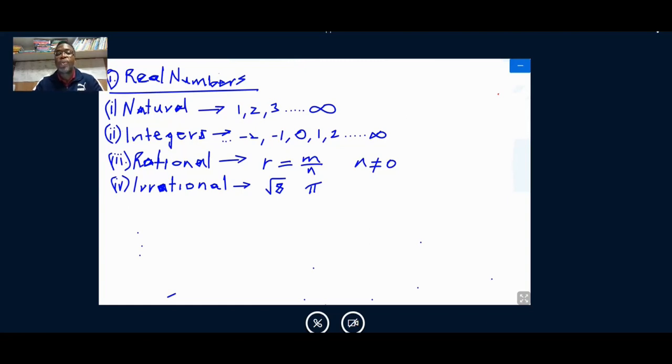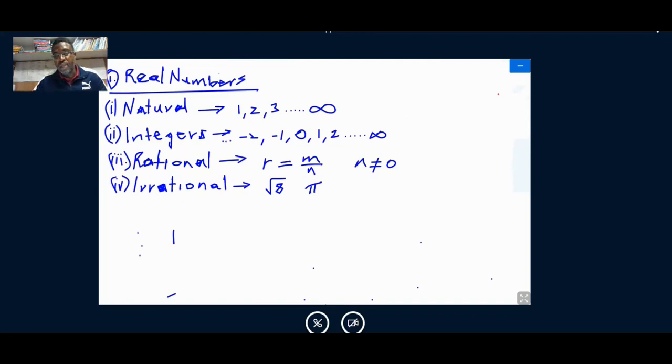And then we come to rational numbers. These are numbers that can be represented or written as simple fractions. And we use a formula which is R is equal to M over N. It makes things simple for us.